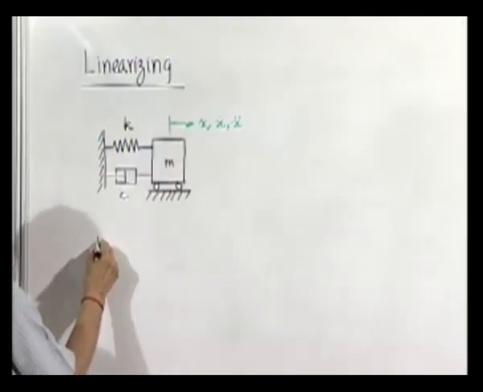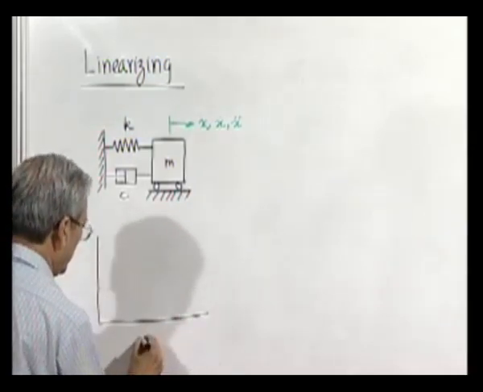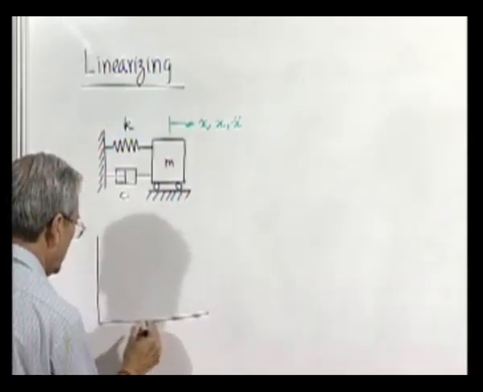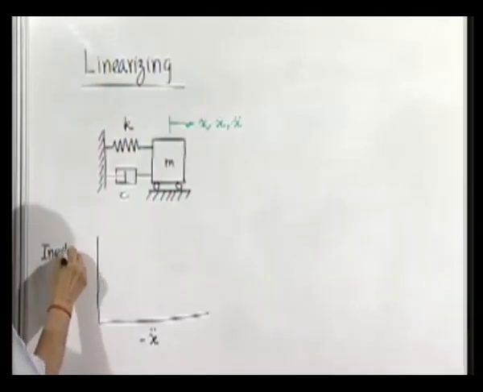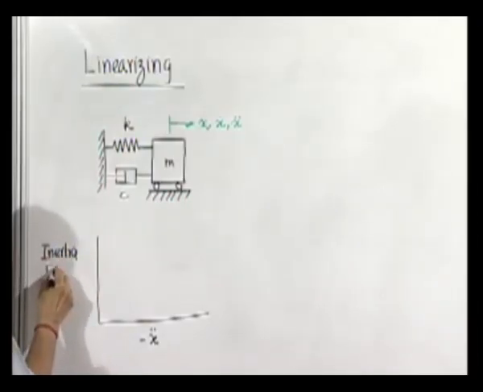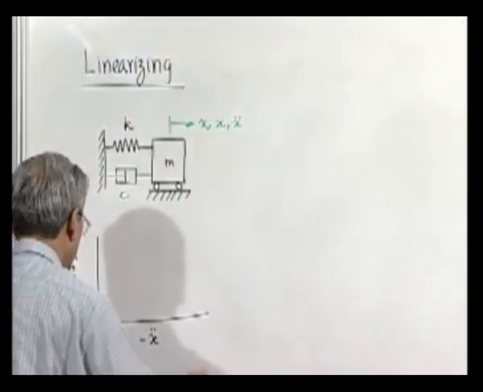One is the force of inertia. If we plot it against x double dot, it is minus m x double dot, and obviously this is a straight line.